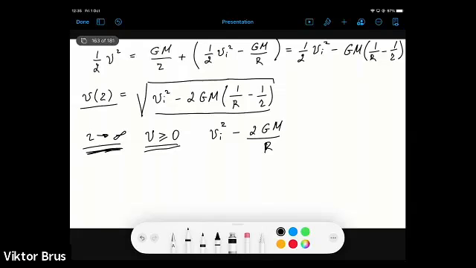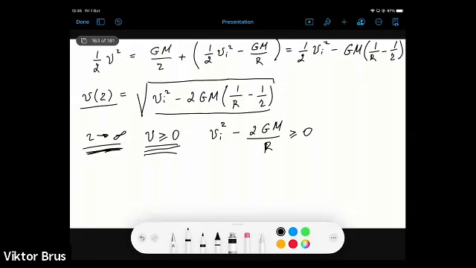So this difference, V initial square minus 2GM divided by R, should always be larger or equal to 0 in order to satisfy this condition for the velocity.